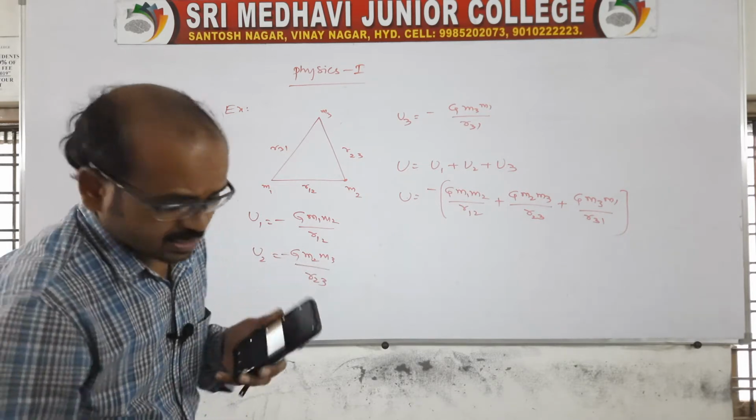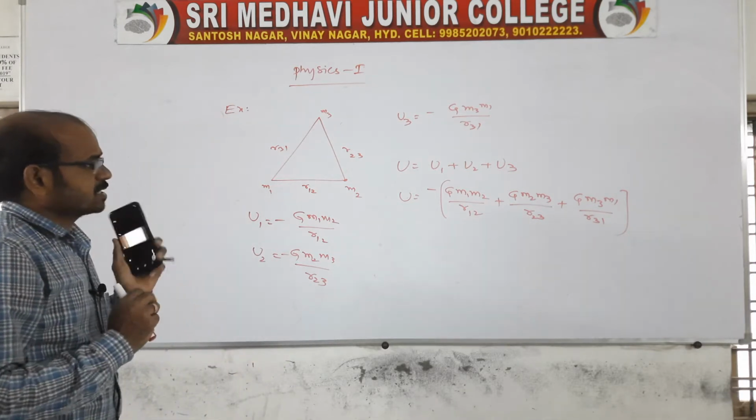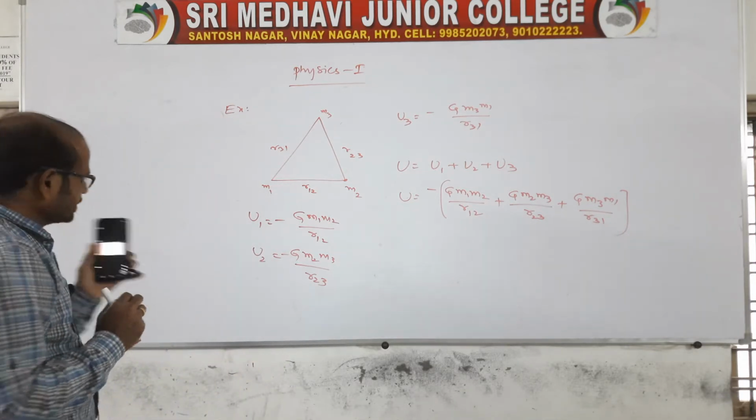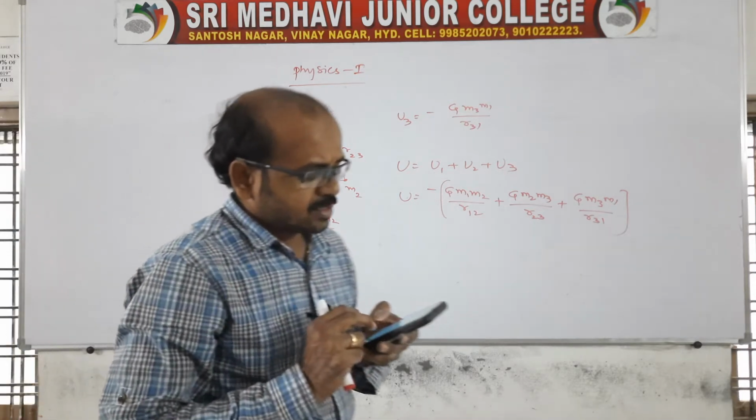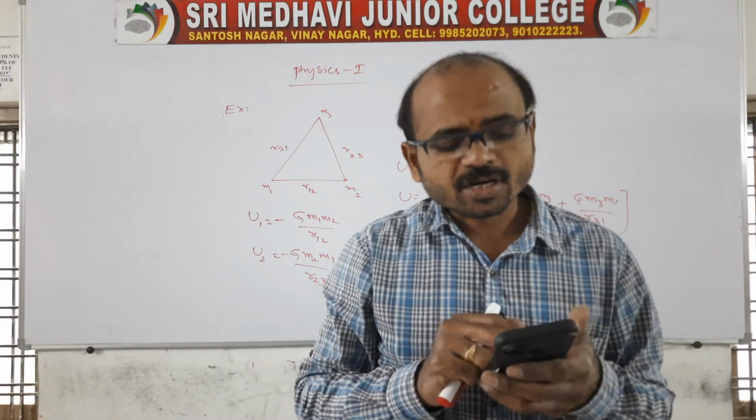Clear? Suppose there are n particles at the n corners of a polygon.